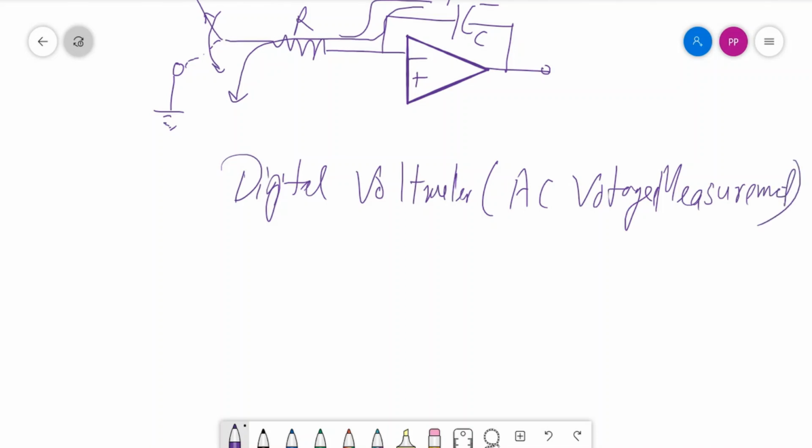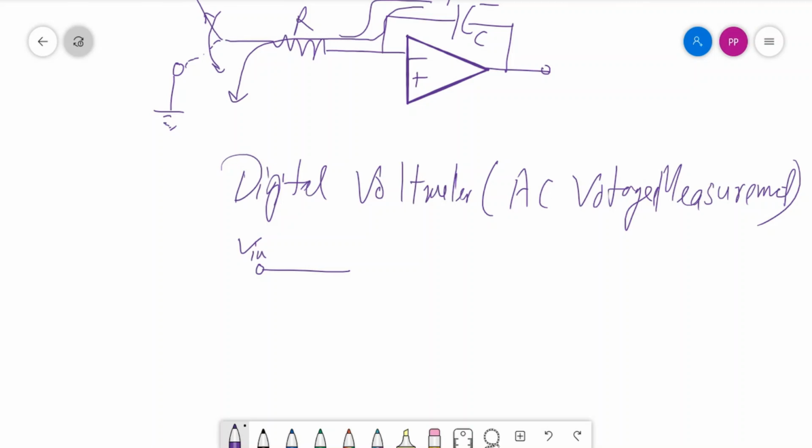So here you are getting the AC voltage, but you are using a digital voltmeter, so naturally we will be developing something which is the RMS equivalent of the AC voltage measured.